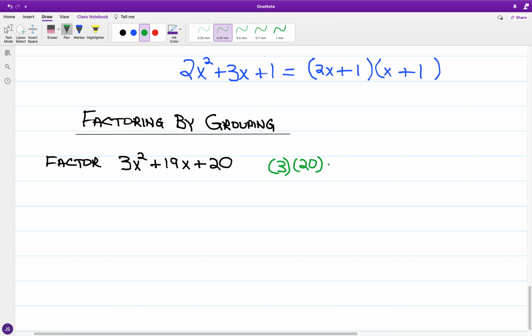So 3 times 20 comes out to 60. Now, in terms of how 19 is going to come into the picture, you'll be looking for two numbers that will multiply into 60 and that will also add up to 19.